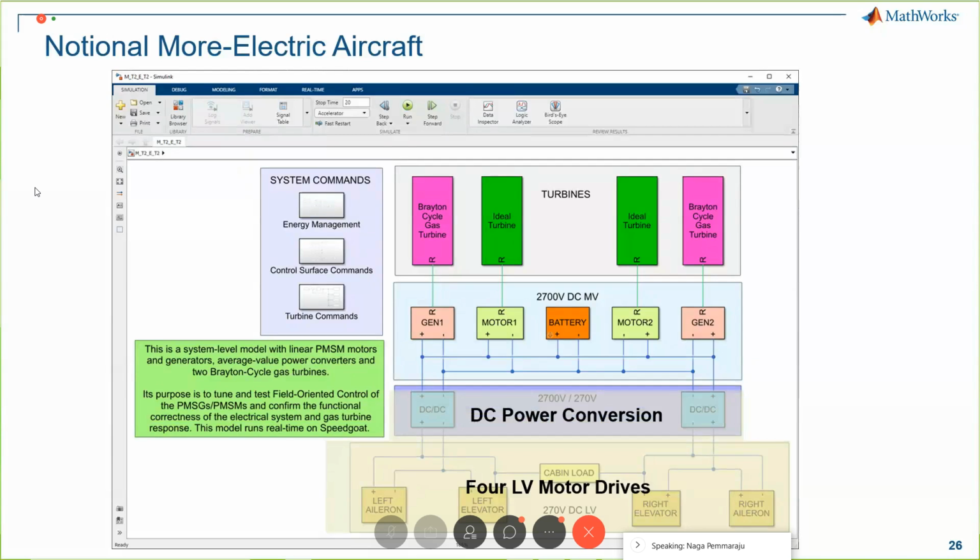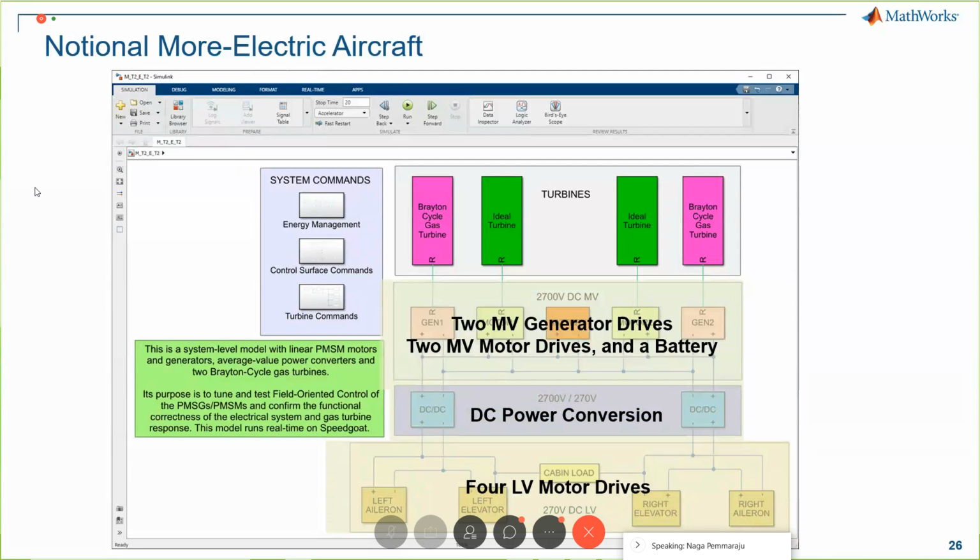Then comes our DC power conversion, where from the load we are looking into the DC aspects of it. Then we are talking about various generators, motors, and a battery pack here. And then finally, we're talking about the turbines, right? In this particular example, we are using a Brayton cycle gas turbine.